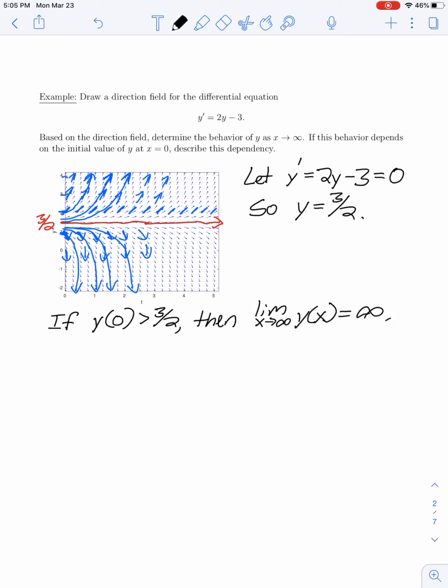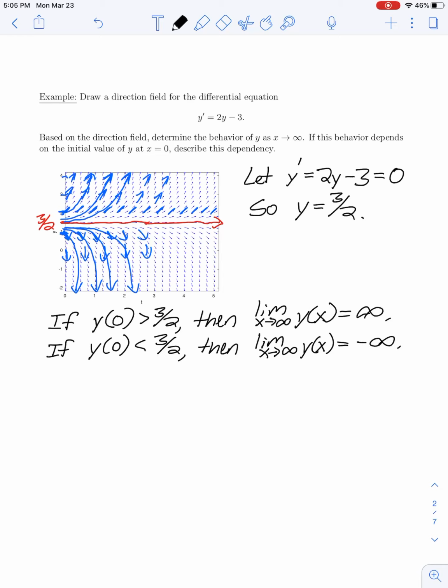Our solutions are increasing without bound. Whereas if y naught is less than 3/2, then our solutions tend towards negative infinity. They are decreasing without bound.